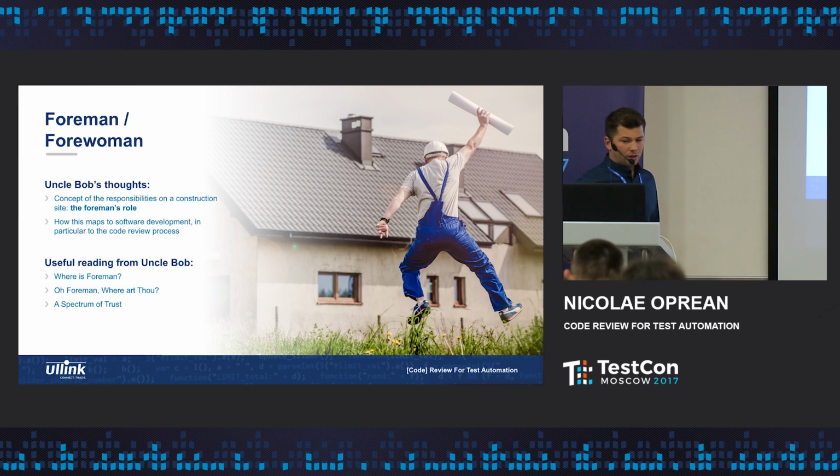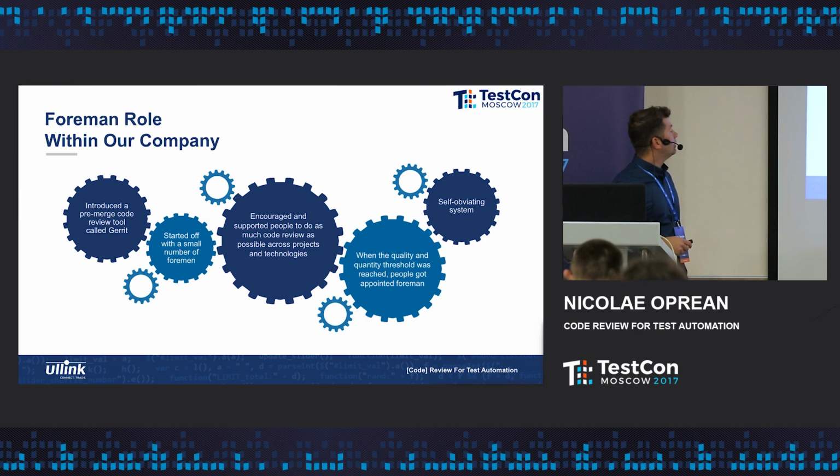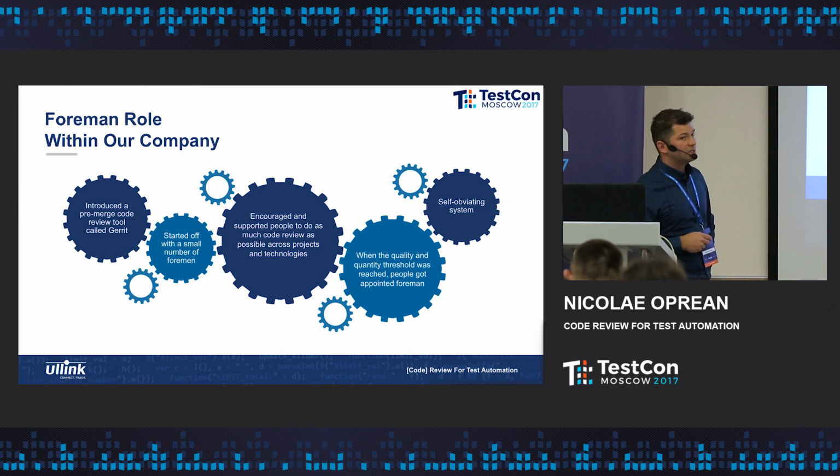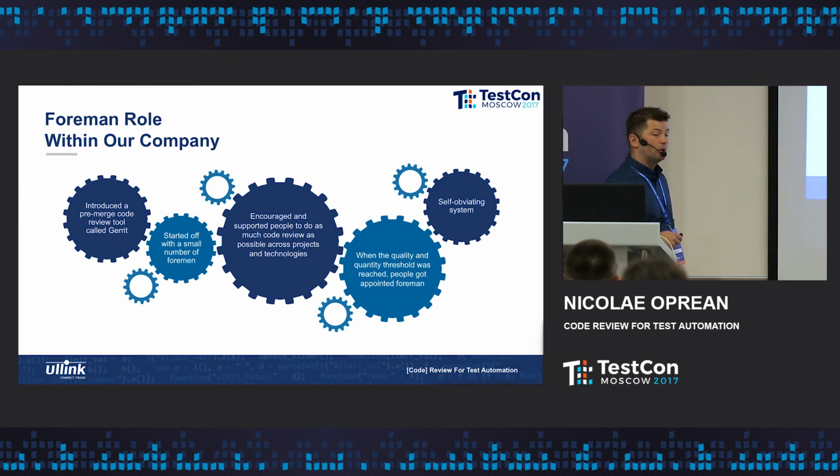Let me show you how we implemented this concept within our company. So we introduced the pre-merge code review tool, Gerrit. Then we started off with a small number of foremen. Initially we started with experienced developers, but then this changed, as the people that were doing more code review than others, and the correct ones, were upgraded to foremen.